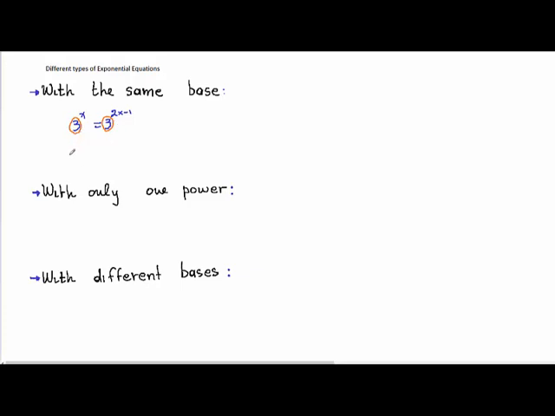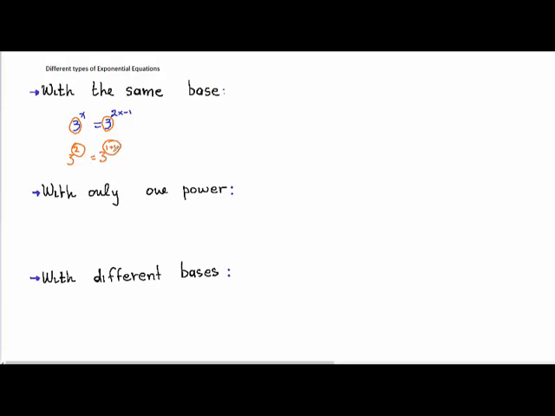Let's look at what happens if you have, let's say, 3 to the second and 3 to the 1 plus 1. Well, if the bases are the same and the powers are the same, then the exponents must be the same, obviously, because there is no way that you can have 3 to the second equal to 3 to the third.